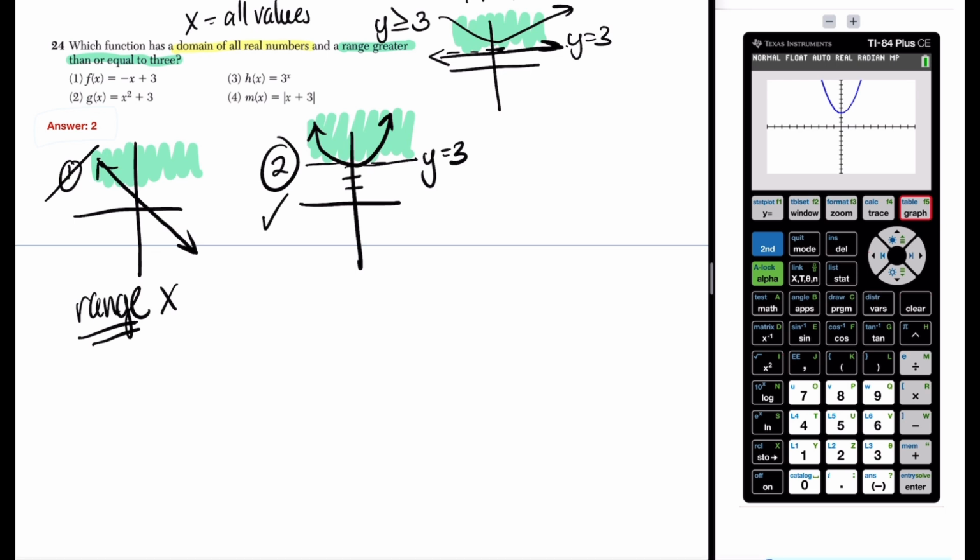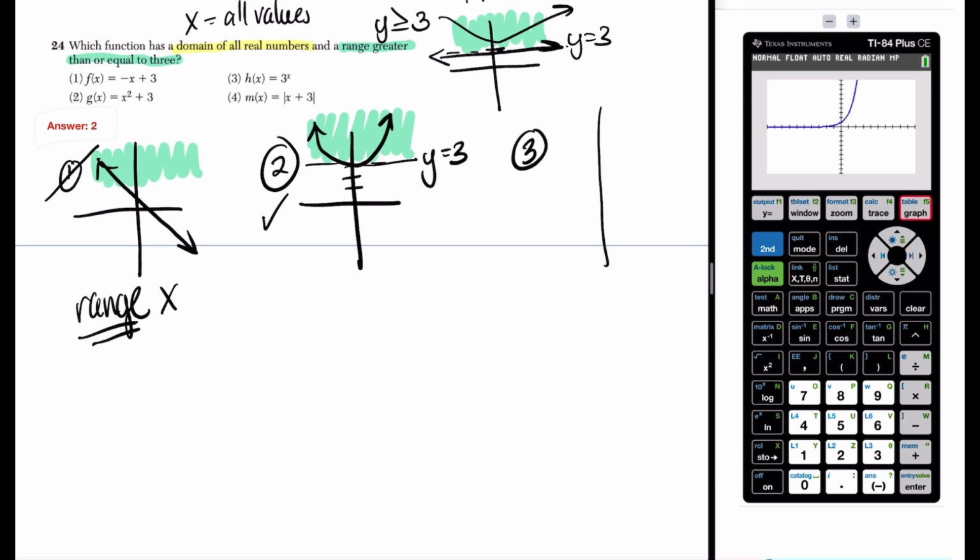But let's say you went to the other ones and you still weren't sure. So you go back to your y equals, and we clear this out and we look at 3. So now we have 3 to the x power, and we graph that one.